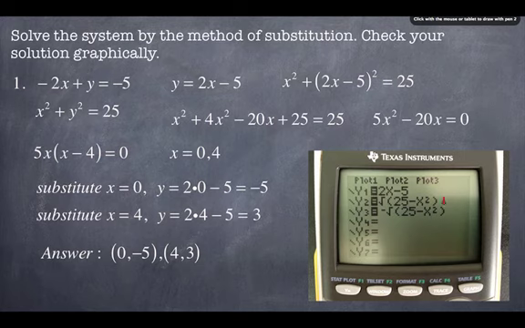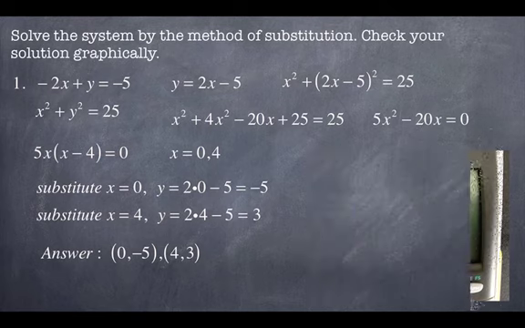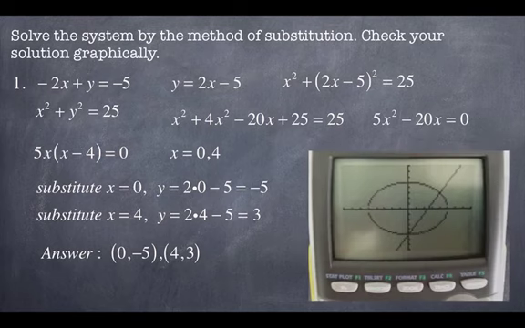I can clarify this in class, but this is the square root of 25 minus x squared, and the second one is negative square root of 25 minus x squared. Once you do this, you get the following graph, and notice that this is where they intersect, and they match what we have here as our answer.